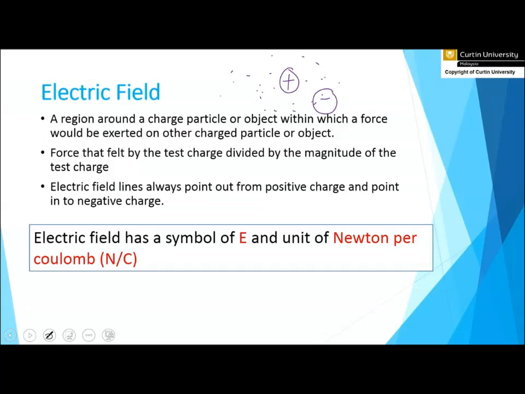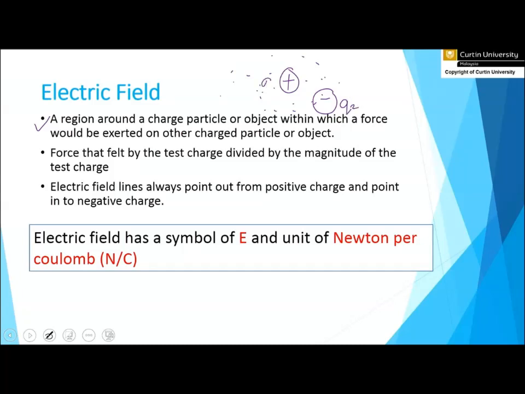Alright, so this is what is meant by the first sentence. It's the region around a charged particle in which, when an object is put near it, a force will be exerted on the charge. So it is also equivalent to the force felt by the test charge, let's say this charge Q2.